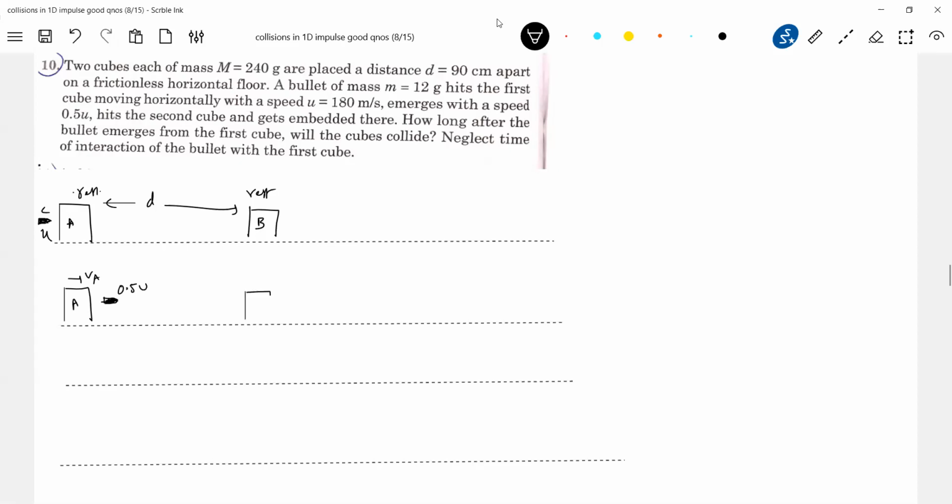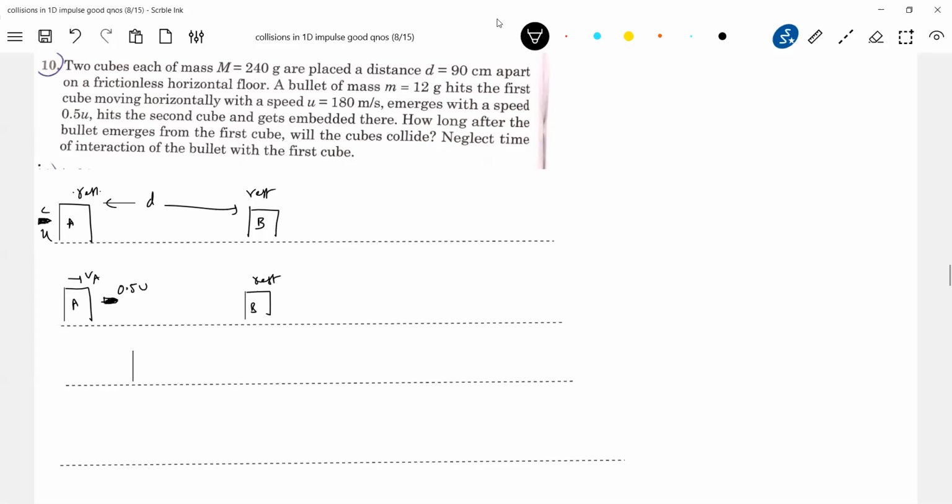So this is t equal to 0, and this much is the sequence. Now as the bullet starts approaching block B, block A will have some displacement.